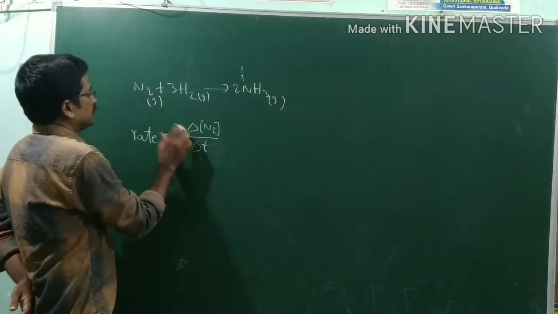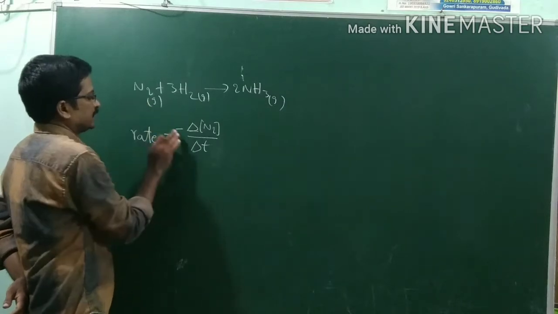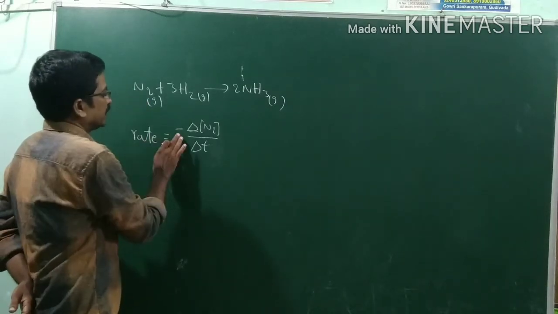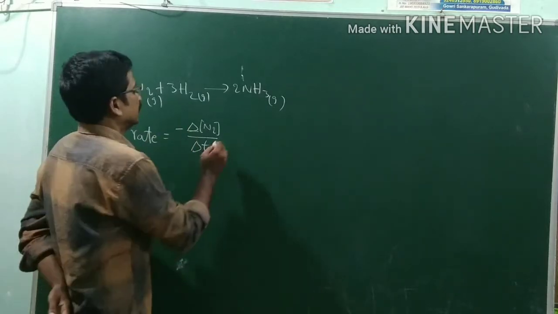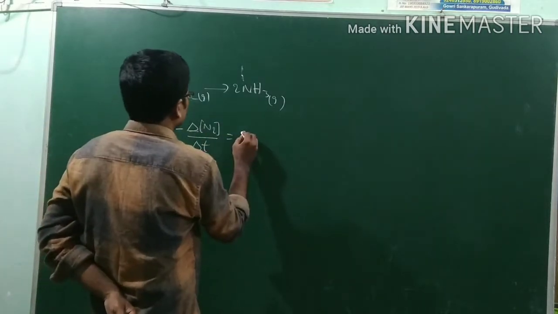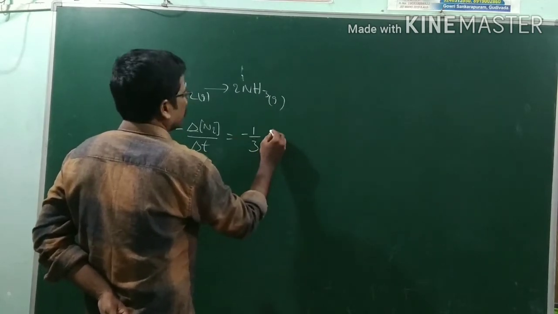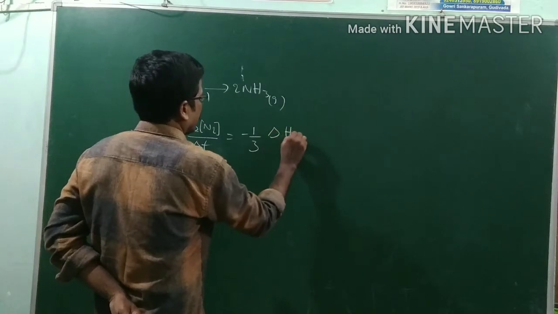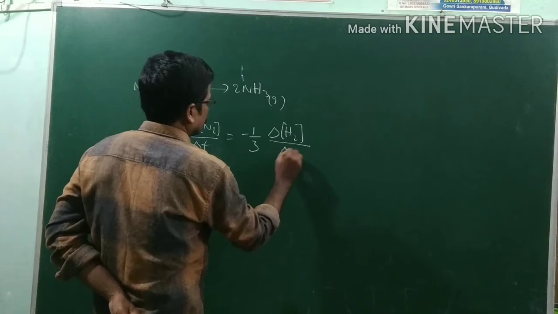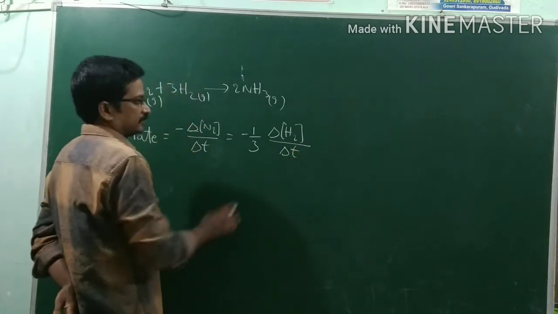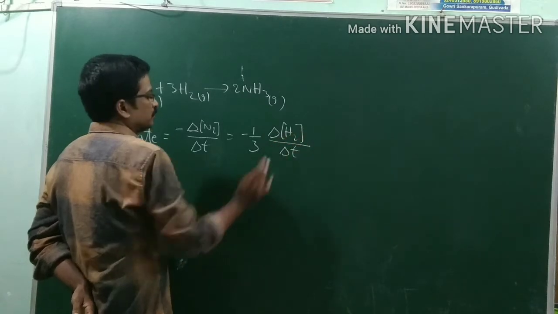Minus, because these are the reactants. The minus sign is here because the reactant concentration decreases in a reaction. Then, minus del concentration of H2 by del t.